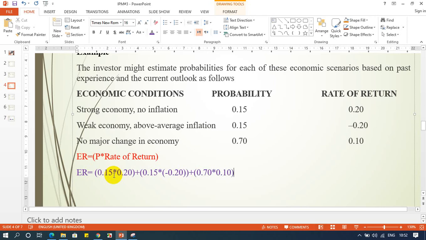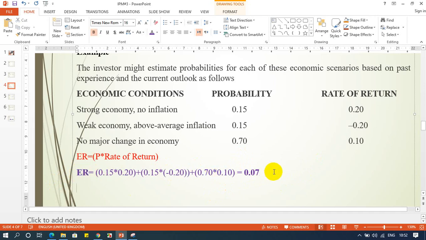So how will we get the expected return? The expected return will be equal to around 0.07. That is the result at the end, my expected return.